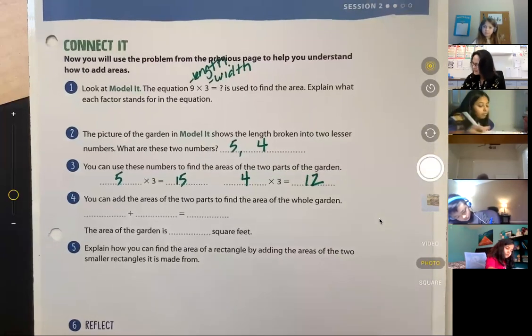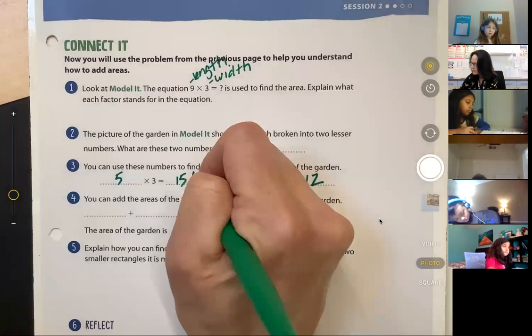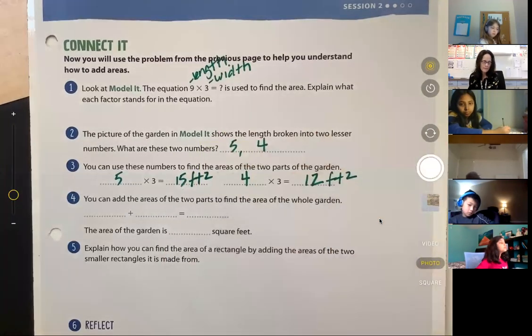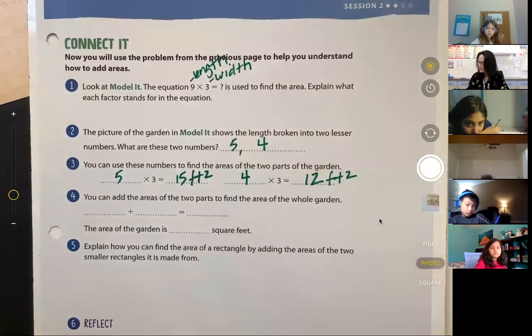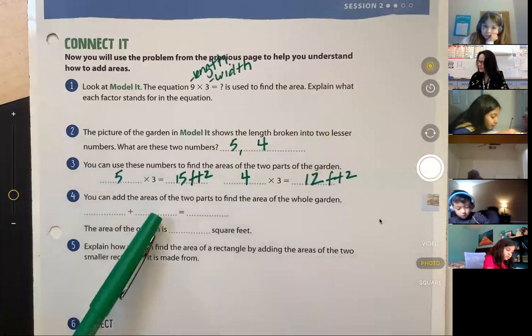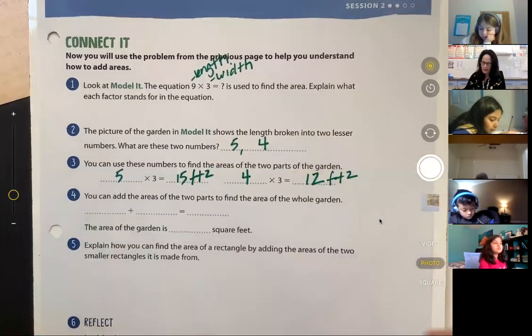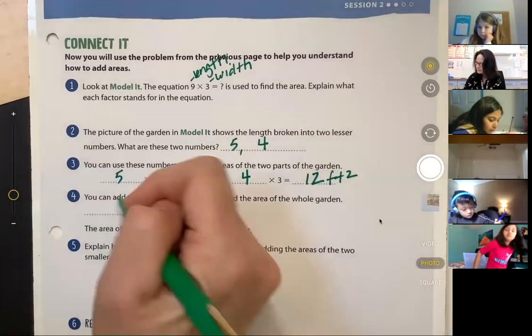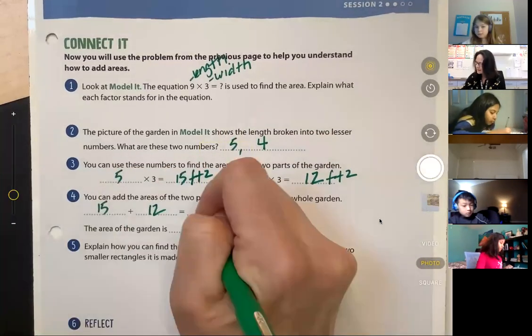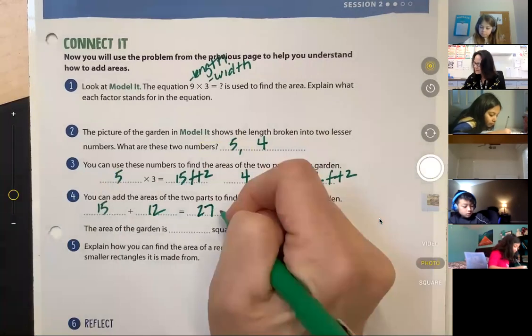And this is feet squared, and this is feet squared. And so now, of course, you can add the areas. You are going to have 15. You're going to have 12. And that's going to be, again, 27 feet squared.